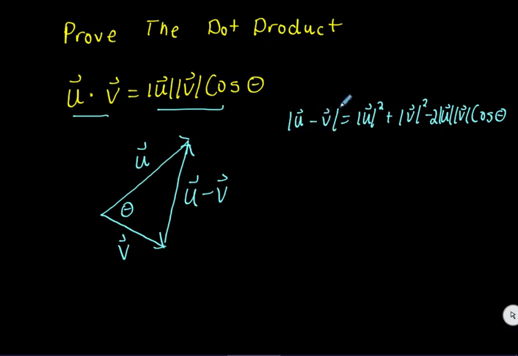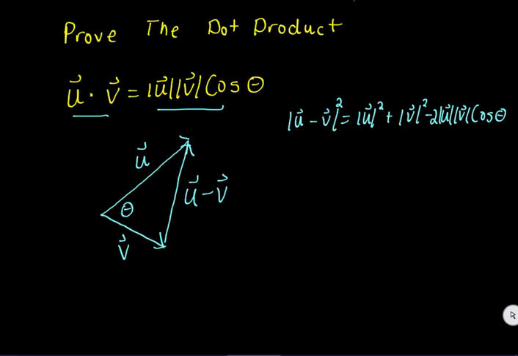So this length squared is equal to this length squared plus this length squared, minus 2 times the lengths of these two times the cosine of theta.